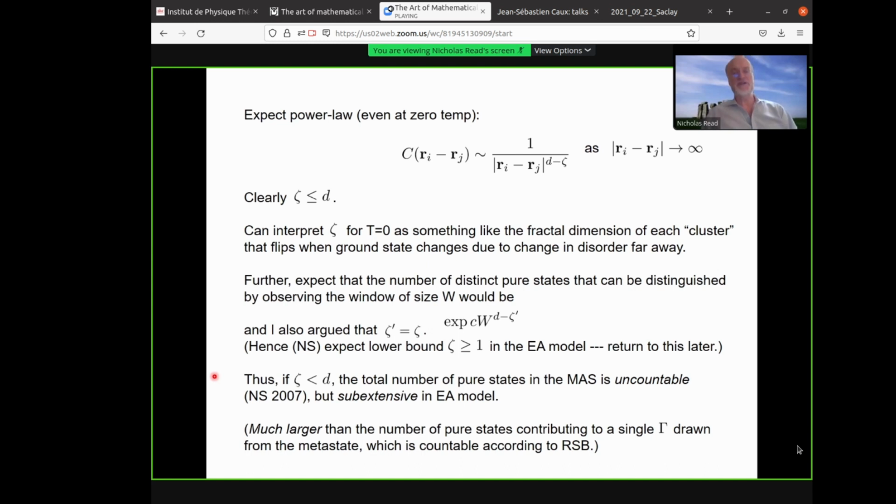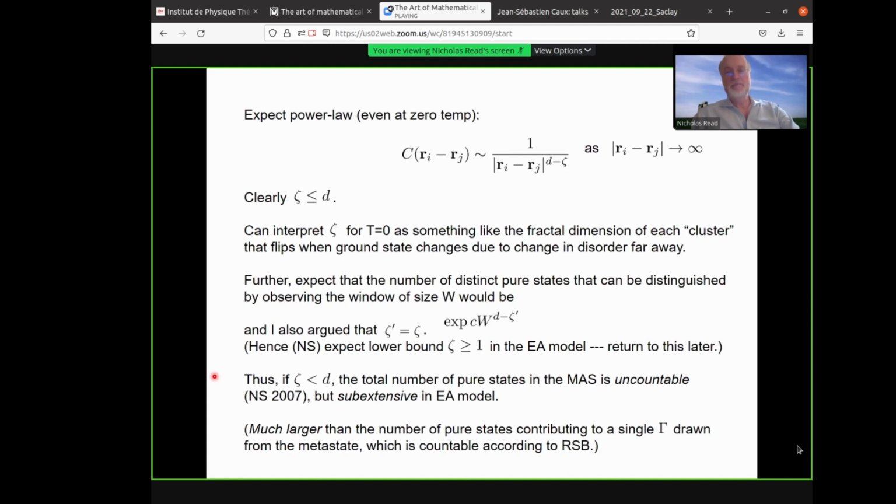And I argued in my 2014 paper that zeta prime equals zeta. That's really a conjecture. There's no very solid argument for that, certainly no rigorous argument. And one may also expect that zeta prime, strictly speaking, rather than zeta, should be greater than or equal to 1 in the Edwards-Anderson model. And I'm going to return to that point later, I hope.